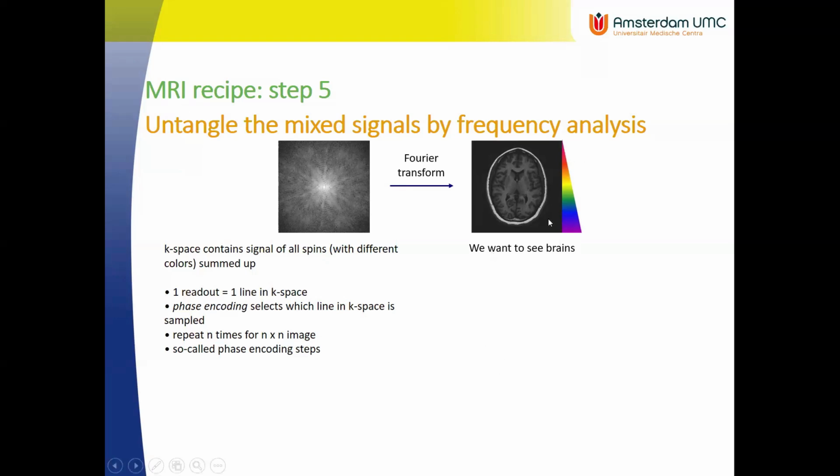So it disentangles the spatial positions. Again, this is a rather technical story. The main reason is that the slice encoding is easy for you to understand. The frequency encoding is relatively easy. And I'm mentioning the phase encoding because it explains why the scans take so long.